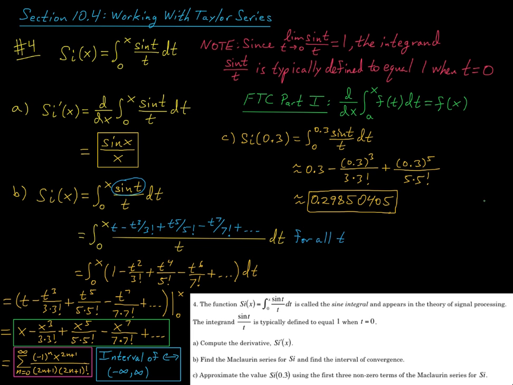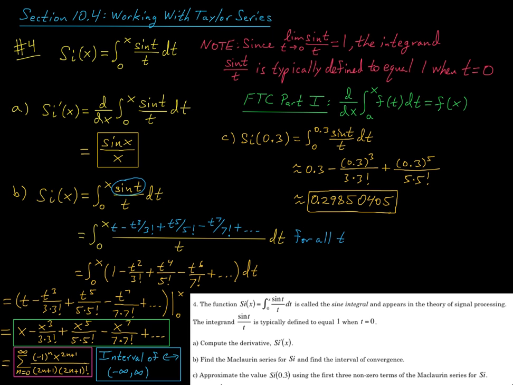Here, I'm just going to take the first three non-zero terms of this series, so x minus x cubed over 3 times 3 factorial plus x to the fifth over 5 times 5 factorial, and evaluate them at 0.3. That gives me the value 0.298504045.